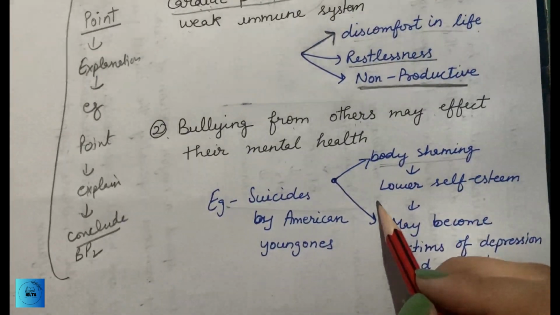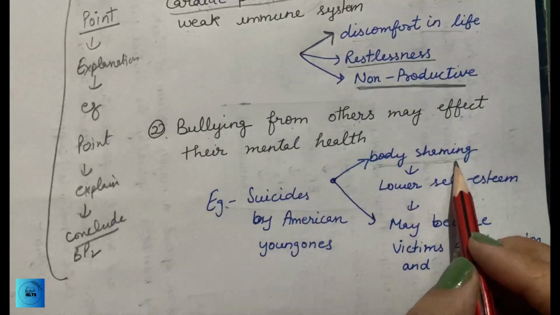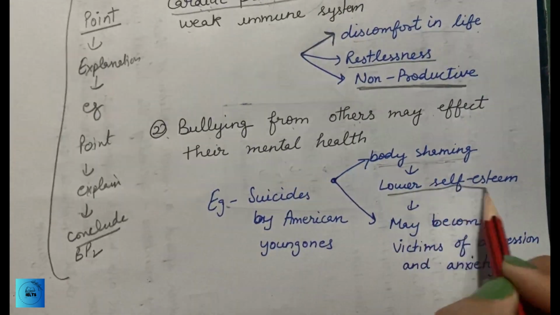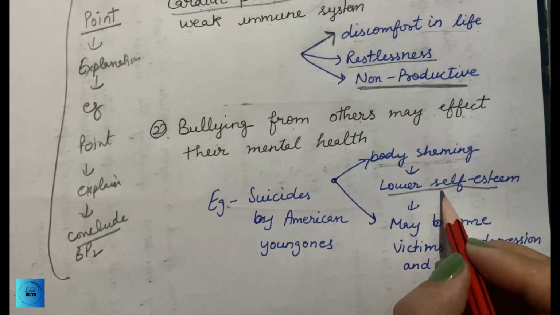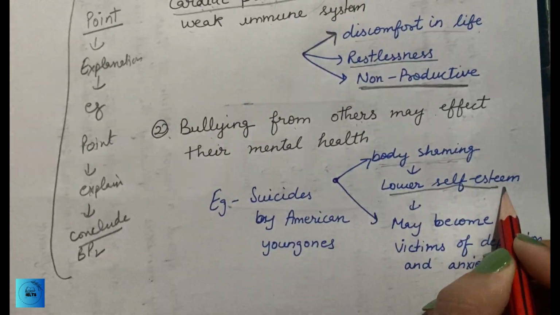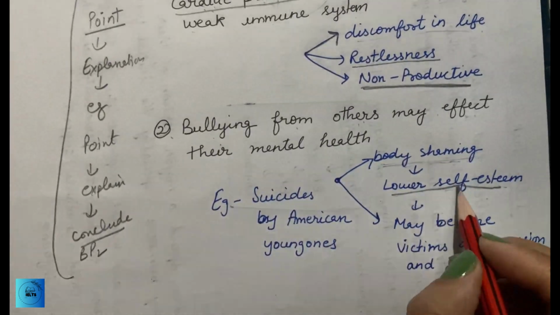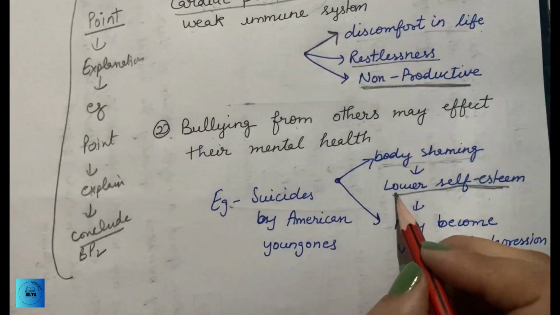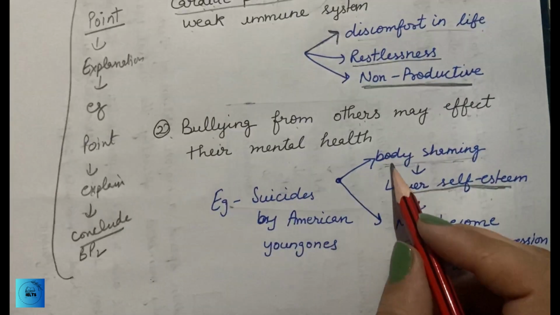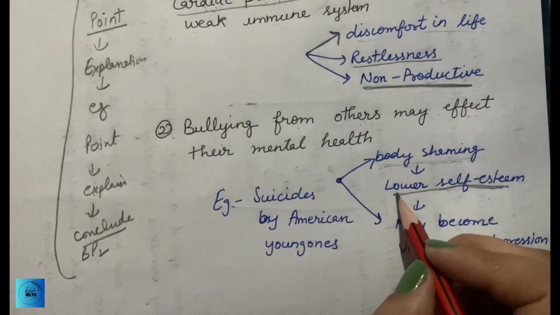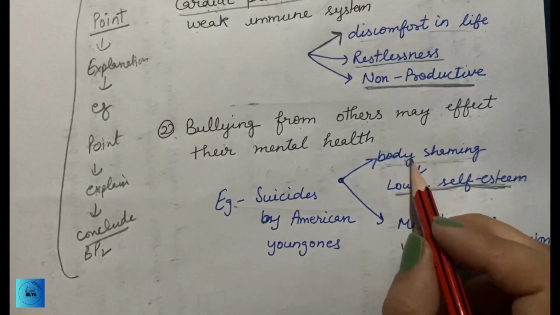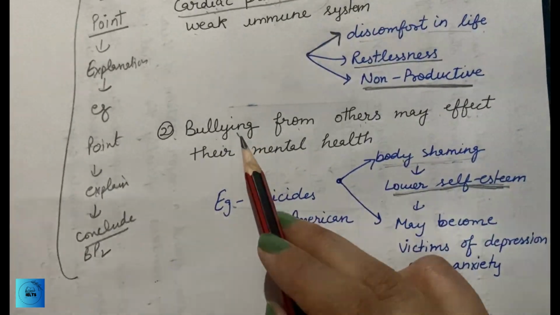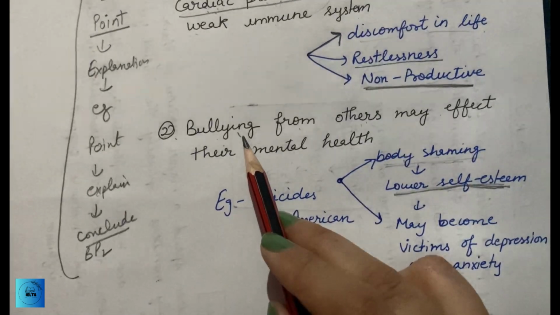If a person is experiencing this, what will happen? They will have lower self-esteem. Again, I can use the word confidence instead of self-esteem, but this is the more attractive word. So I will write that individuals who are fat have lower self-esteem because of body shaming and bullying. This is an effect that will happen in their life.